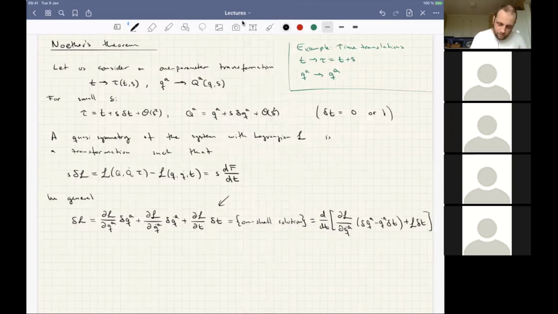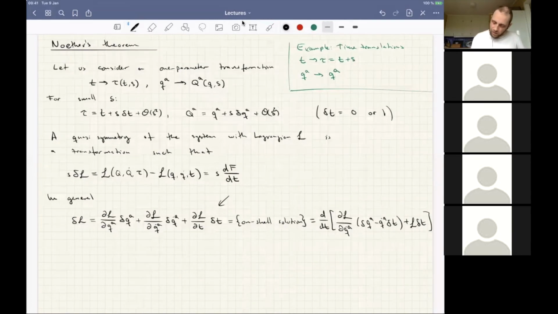Now, this is a total derivative. And this means that it's going to be a total derivative for any on-shell solution.